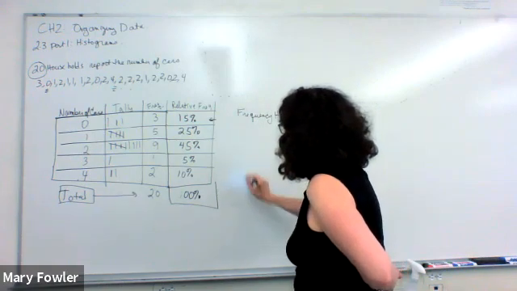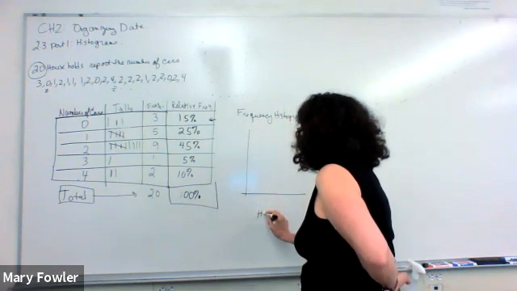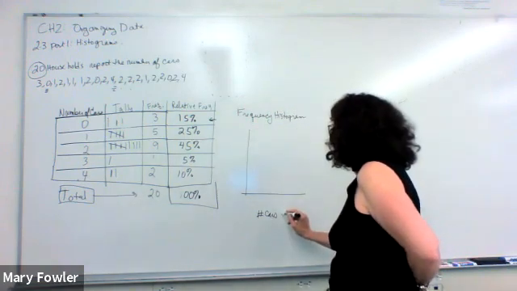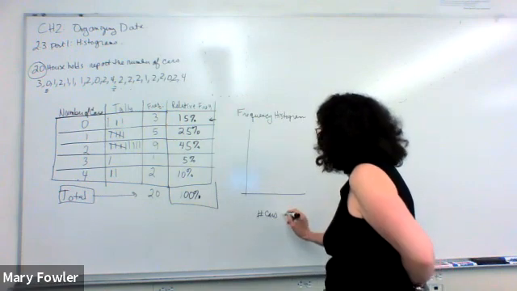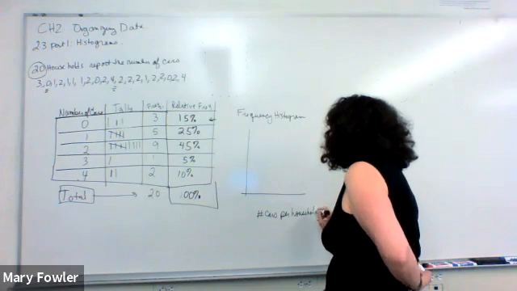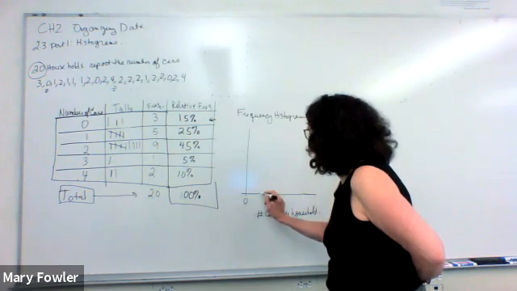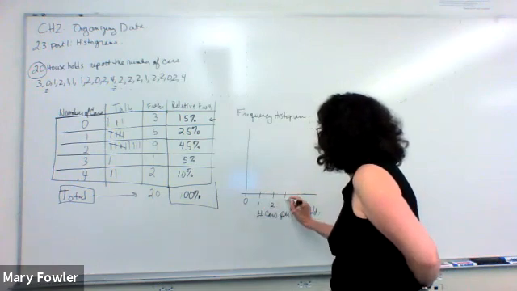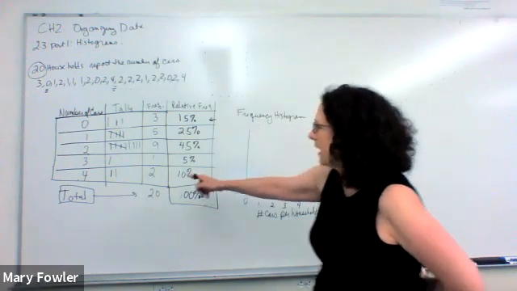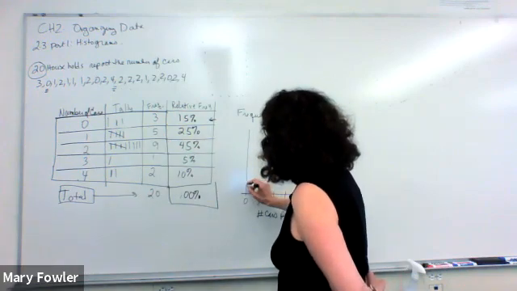So the axes here, this one is going to be number of cars per household, number of cars in a household. And that's the horizontal axis, and we know it's going to go from 0, 1, 2, 3, and 4. And the frequencies have to span between 1 and 9, so I'm going to make them go to 10.